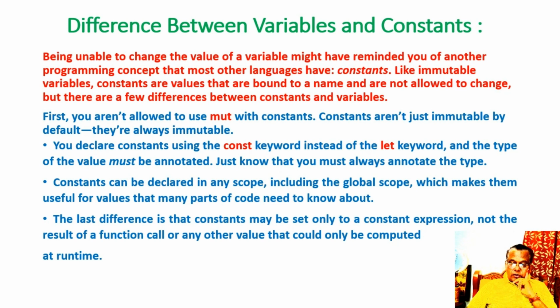The last difference is that constants may be set only to a constant expression, not the result of a function call or any other value that could only be computed at runtime. That's it.